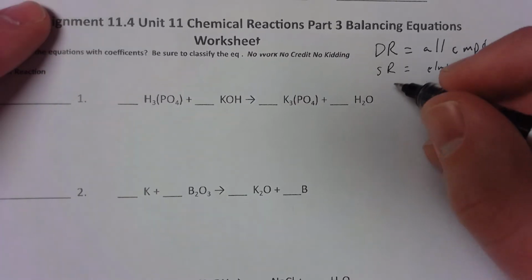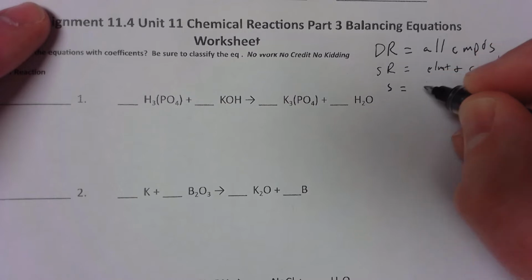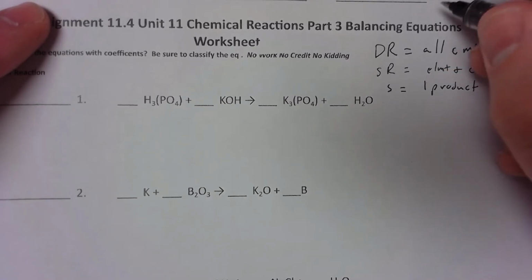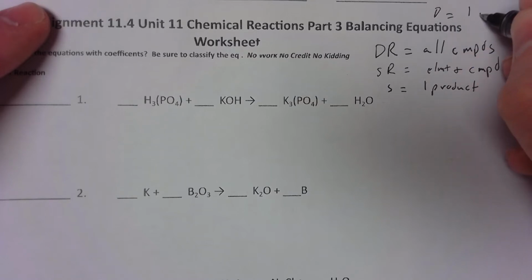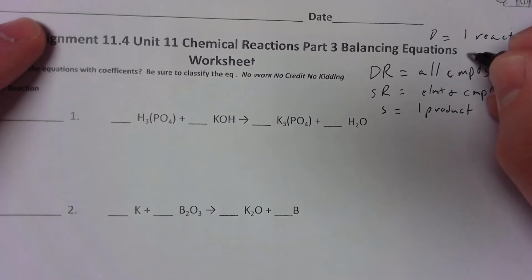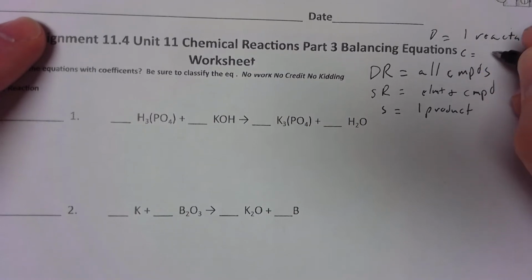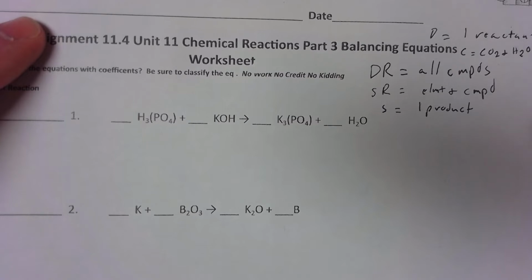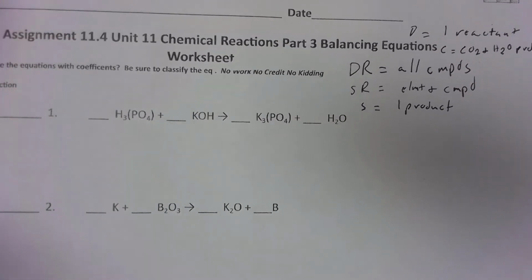S is one product. D, or decomposition, is one reactant. And combustion is always going to have CO2 and H2O as products. All right.